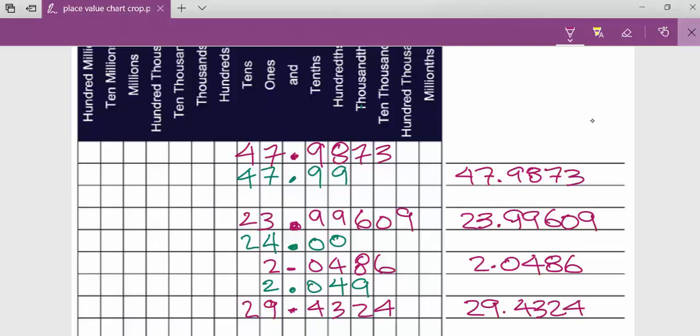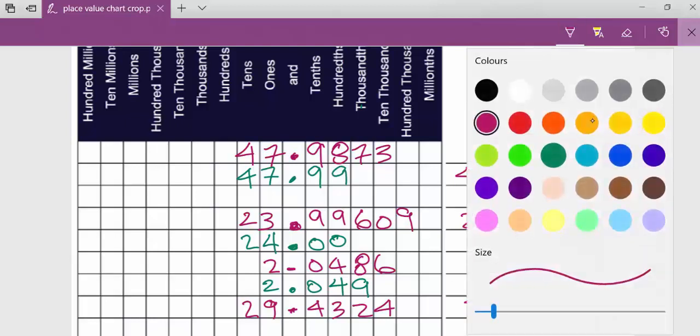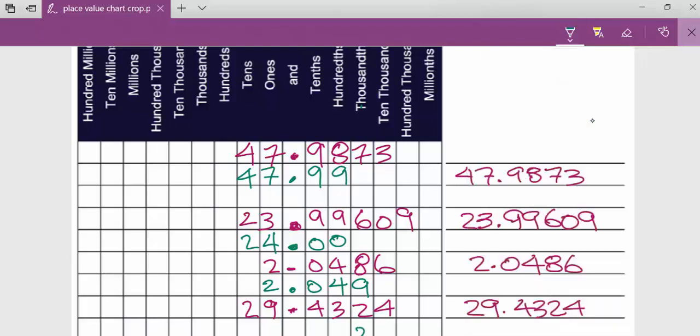Now 4 is less than 5, which means that this number is going to round down. So the 2 will stay the same. 29.432 is what you get if you round 29.4324 to the nearest thousandth.